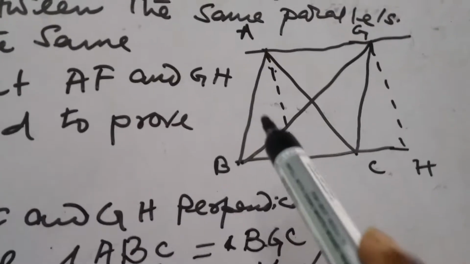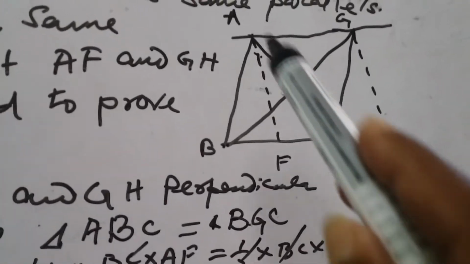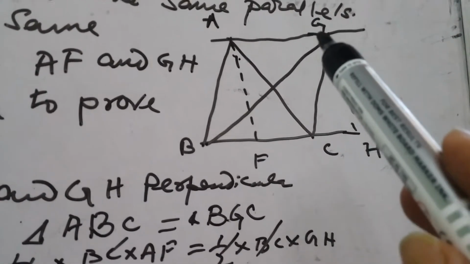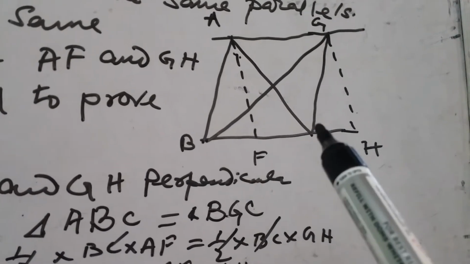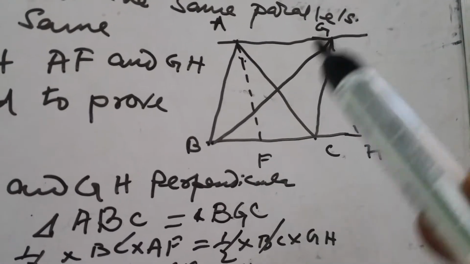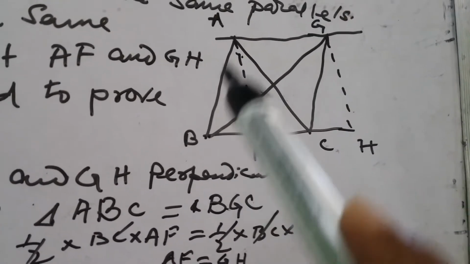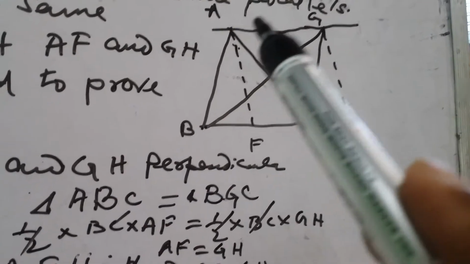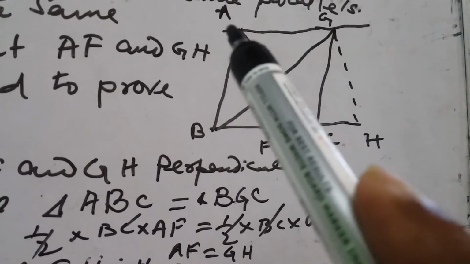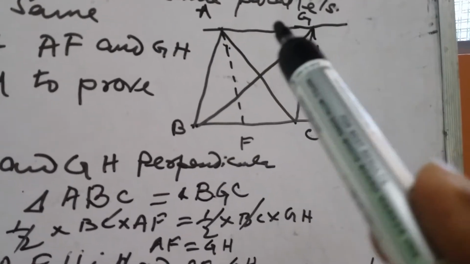It means if ABC and GBC, two triangles, have the same base, the same altitude and the same area, then if we join the vertices of these two triangles, AG is parallel to BC.